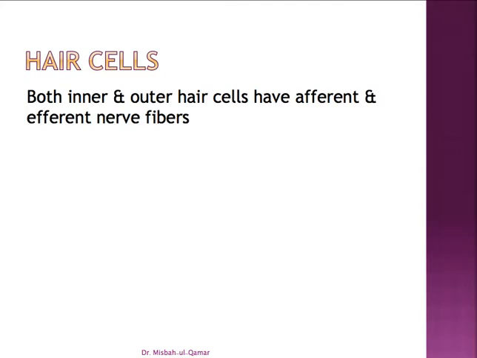Sensory nerve fibers are distributed around the cell bodies of these hair cells, and both inner and outer hair cells have short afferent and long efferent nerve fibers. So they have both afferent and efferent nerve fibers. The afferent nerve fibers are shorter, while the efferent nerve fibers are long, carrying the signals all the way to the CNS.